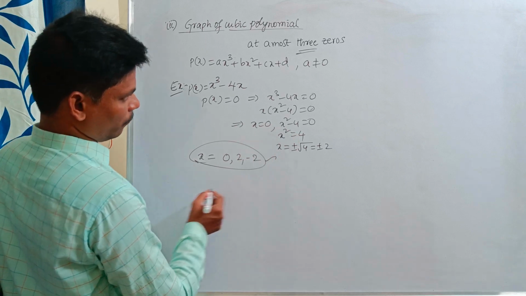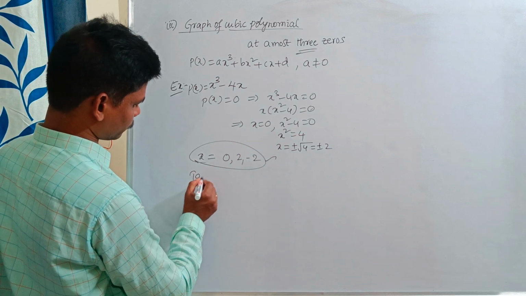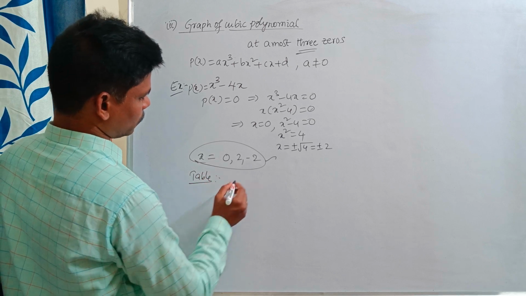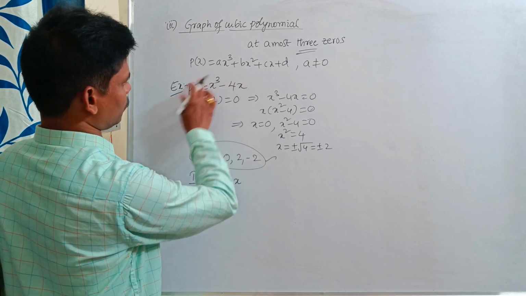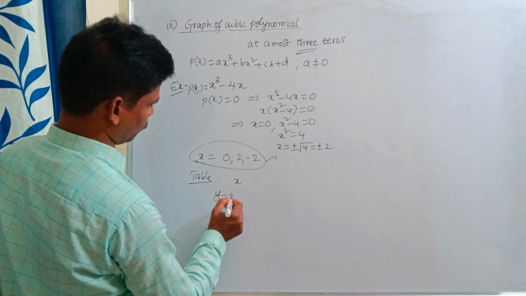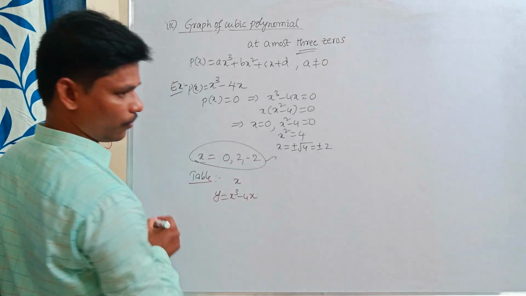Take a table of values. So take the equation of this polynomial, y is equal to x cube minus 4x.